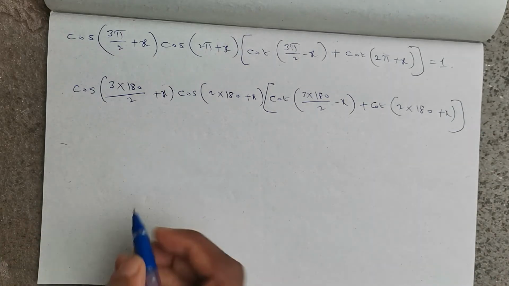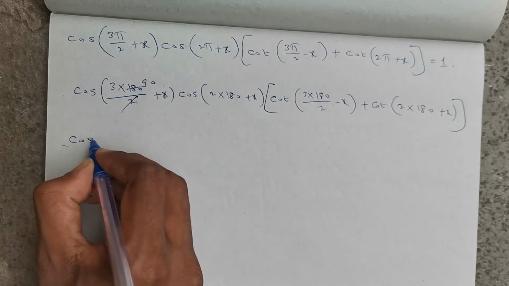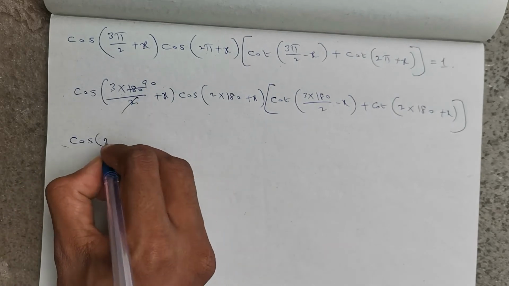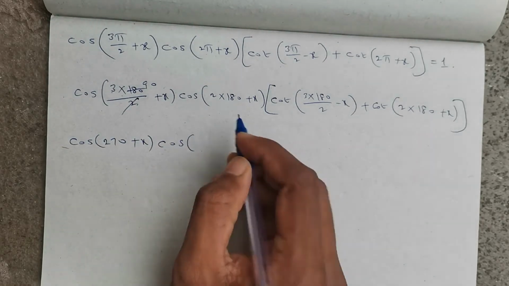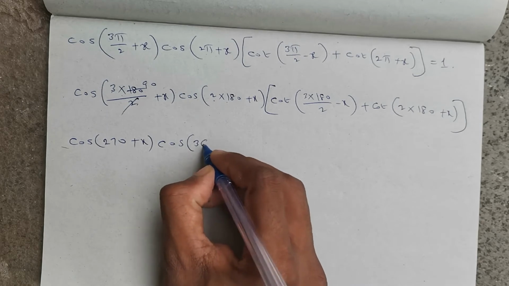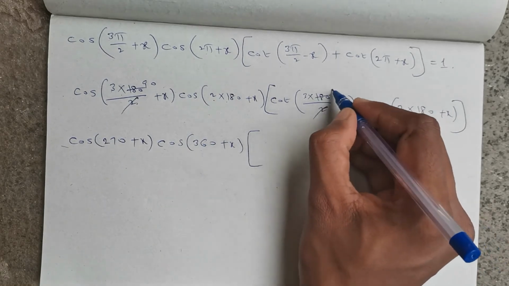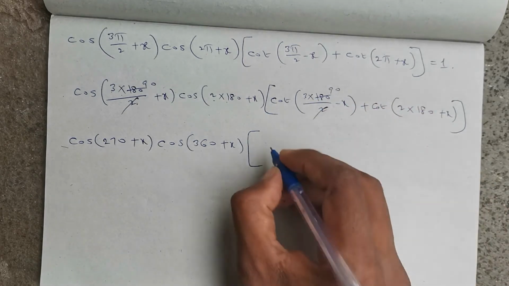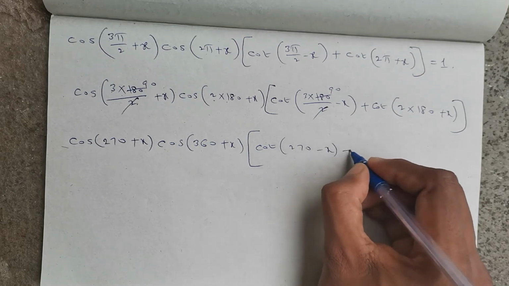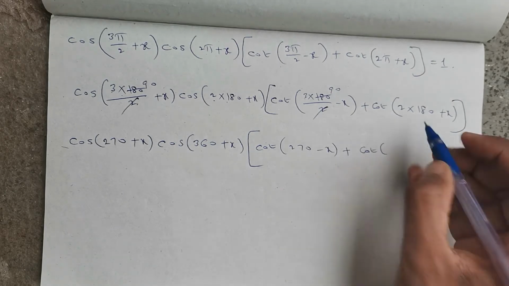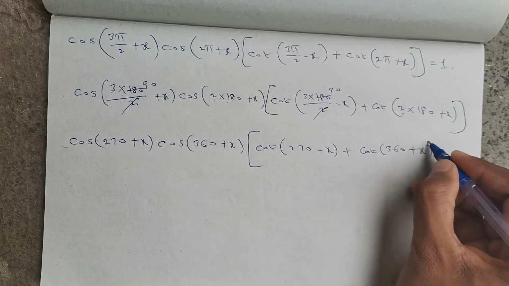So if we do simplification, 2 ones are 2, 90s are, so we get cos of (3 into 90, 270, plus x) into cos of (2 into 180, 360, plus x) times of 2 ones are 2, 90s are 3 into 90, 270. So cot of (270 minus x) plus cot of (2 into 180, 360, plus x).